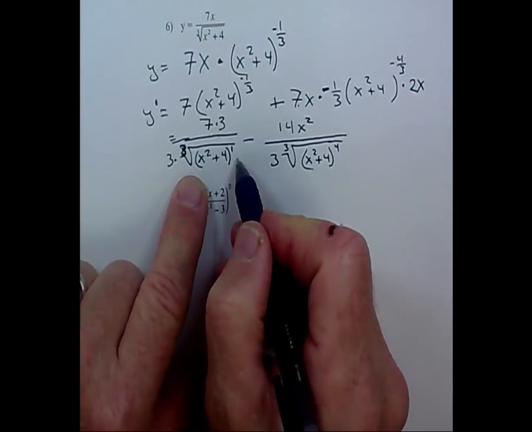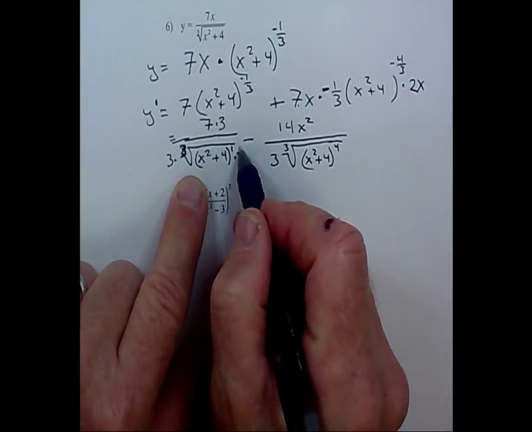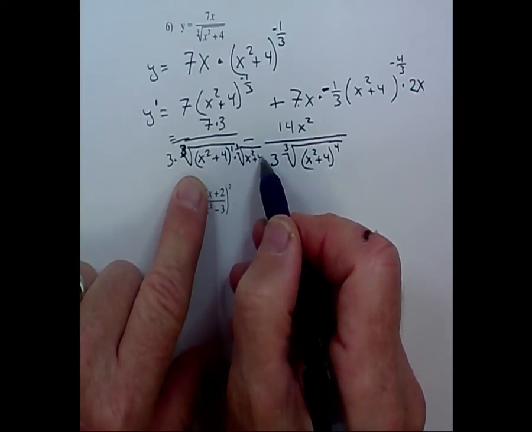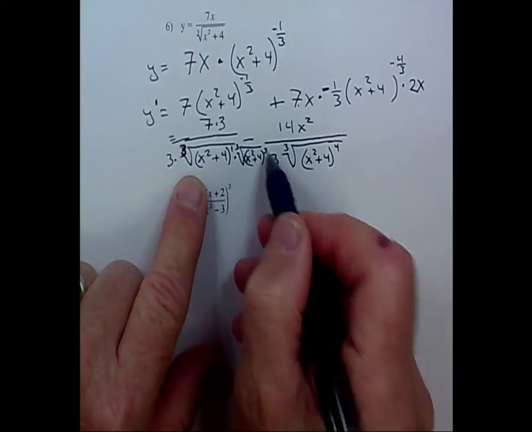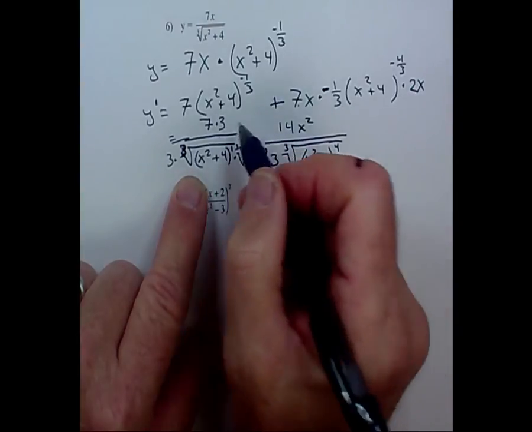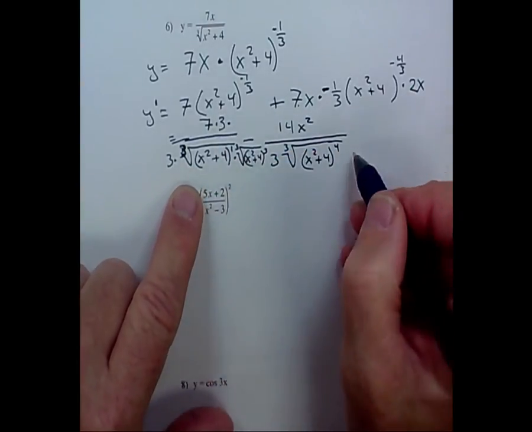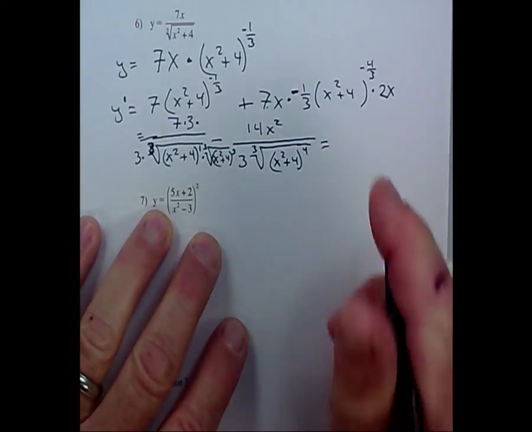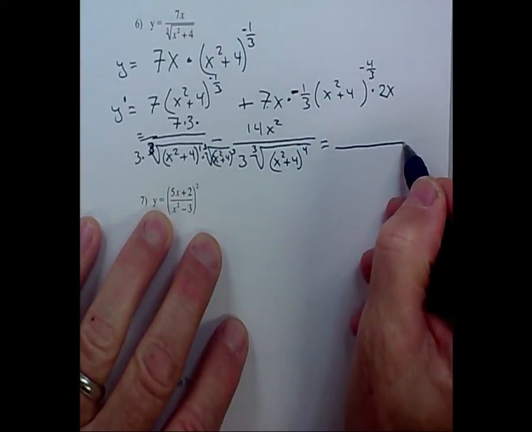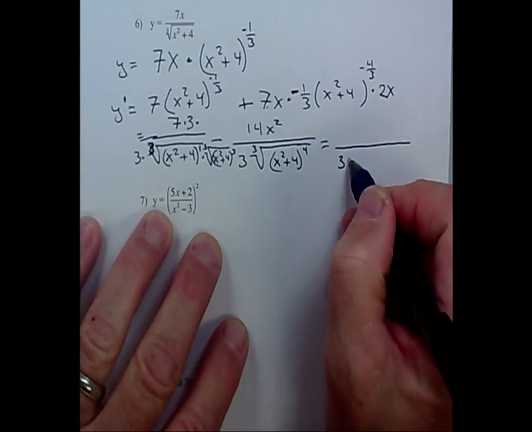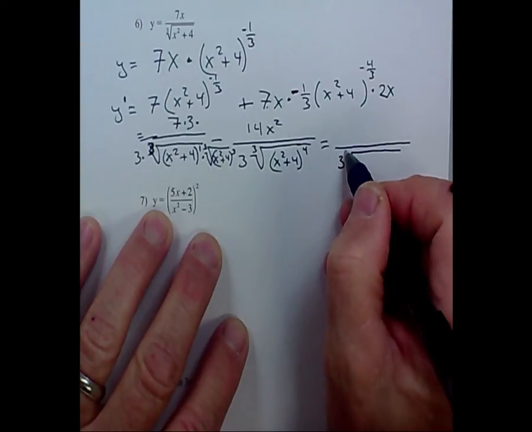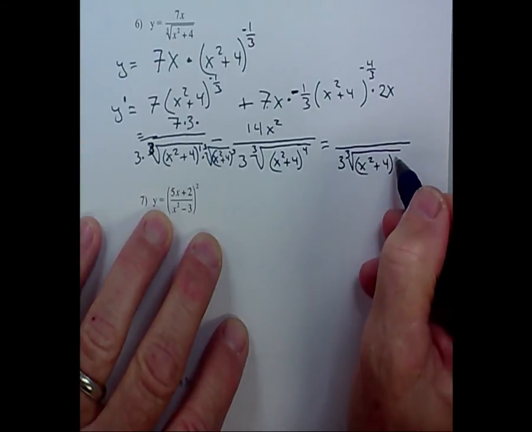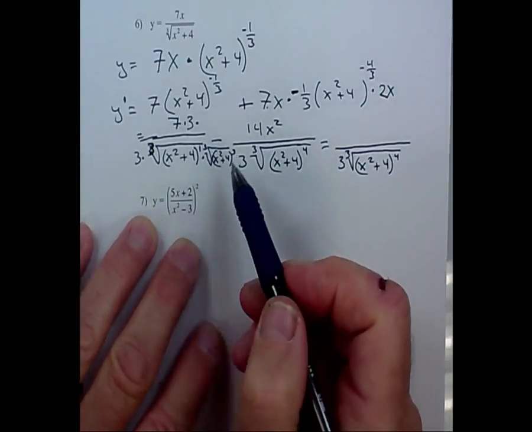Yeah, I got to multiply by, I think this is what you said, the cube root of x squared plus 4 to the third. So I'm going to get this in my denominator. Down here I'm going to have 3 cube root x squared plus 4 to the fourth power.